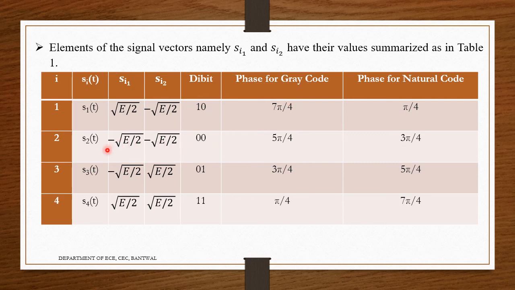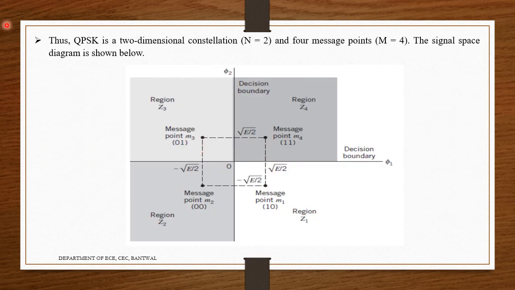So 0 0 at 3 pi by 4, 0 1 at 5 pi by 4, 1 1 at 7 pi by 4, then pi by 4. So 0 0, 0 1, 1 0, 1 1 it should be there. But what I made 1 0 is because of the Gray code assumption.